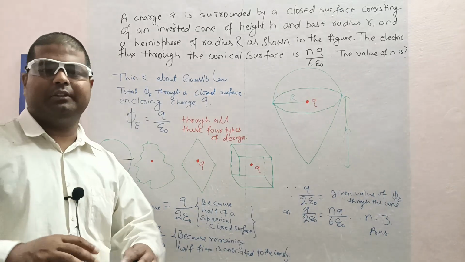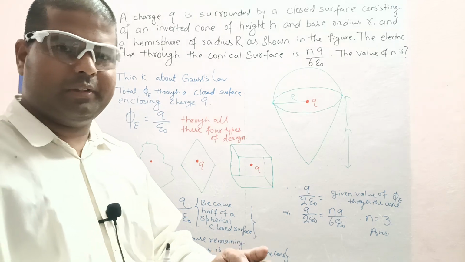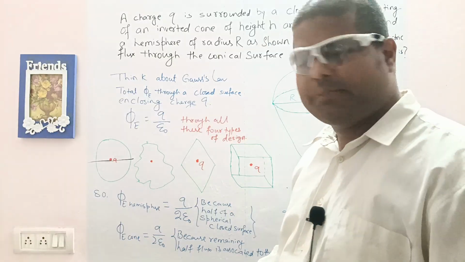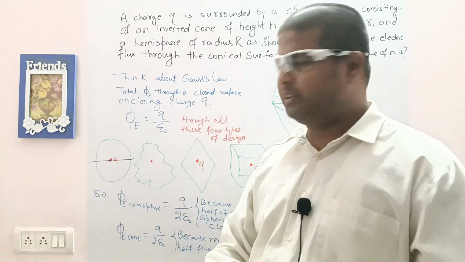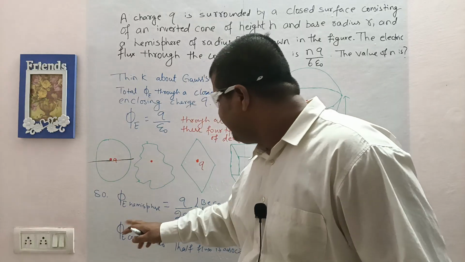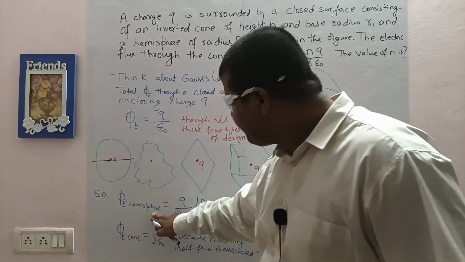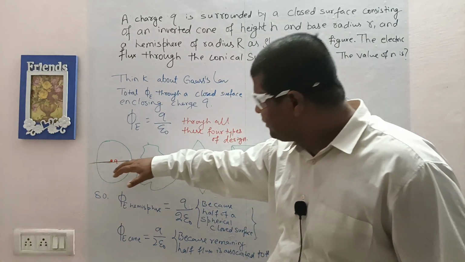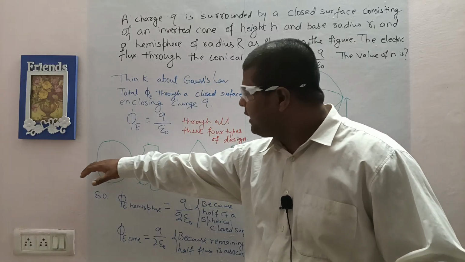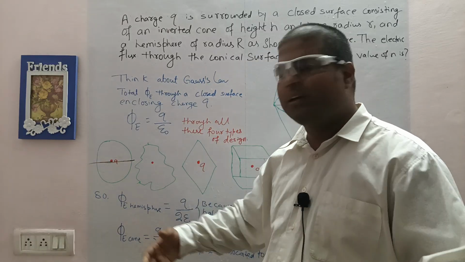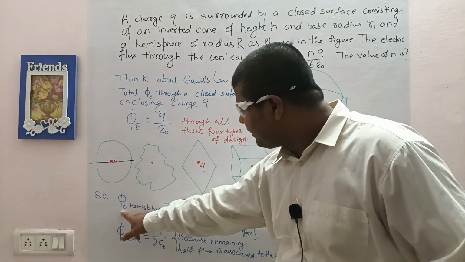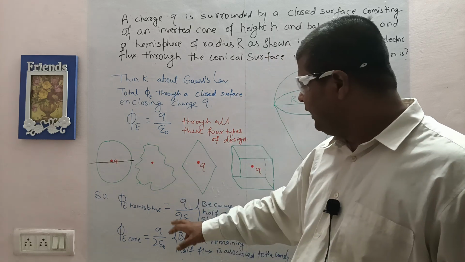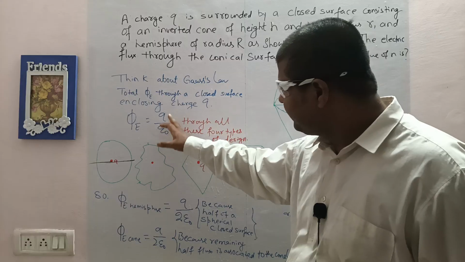Means if a charge is enclosed by a spherical Gaussian surface, then the electric flux through the hemispherical Gaussian surface, half of this sphere, which is enclosing this point charge is half of the net flux, Q by epsilon naught.